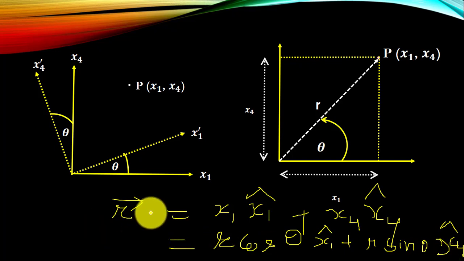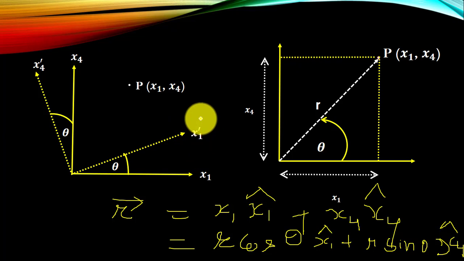So what I have done: if I have to represent a vector and it is making an angle theta with that axis, its component along a particular axis will be the projection of that vector along that axis. Is it clear? So now we have to transform this vector here. Suppose we take x1 prime as a unit vector.